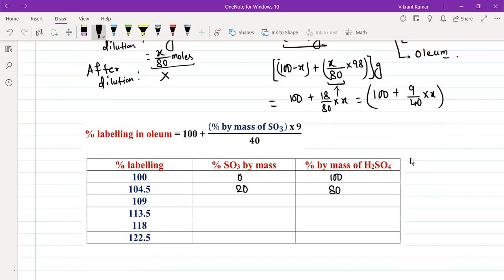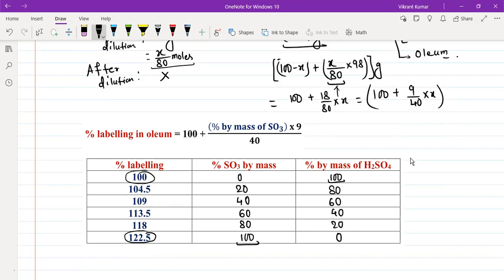Third one, ये तो अभी just 40%, 60%. this is 40, है ना? This will be 60. Next one, now you can get the pattern, है ना? 4.5 बढ़ाए तो 20% बढ़ रहा है ना? तो 4.5 बढ़ाए तो ये 60 हो गया, फिर 80 हो गया, फिर ये 100 हो गया, यहाँ पे 40, 20 and 0, which means maximum percentage leveling इतना ही possible है क्योंकि you have got 100% SO3 and minimum percentage leveling is possible this much only because you have got 100% H2SO4.